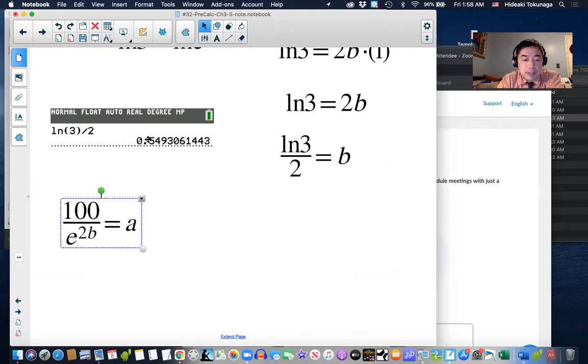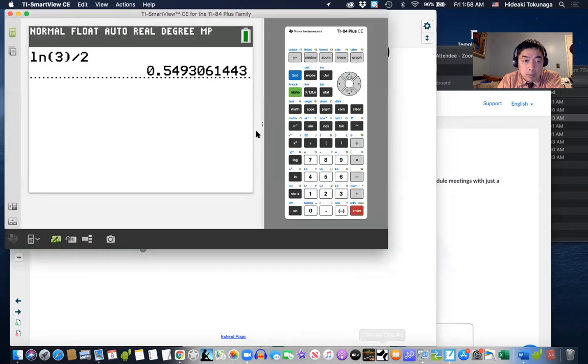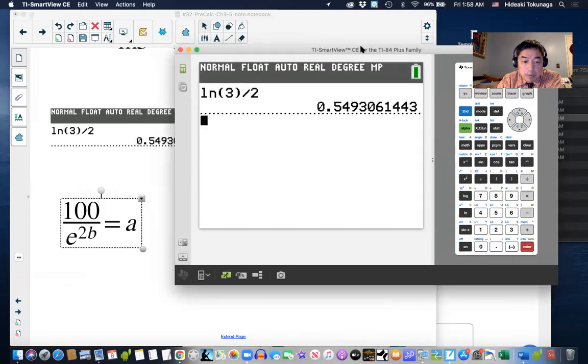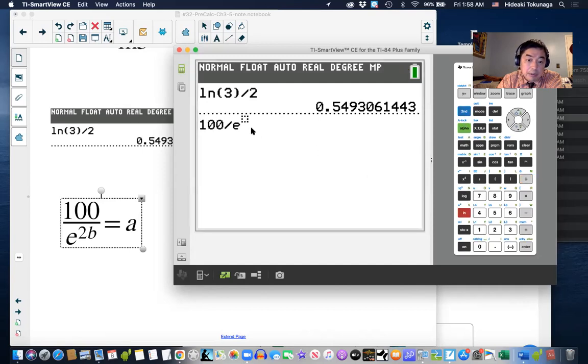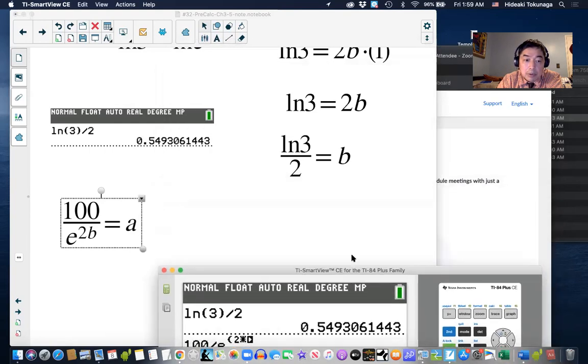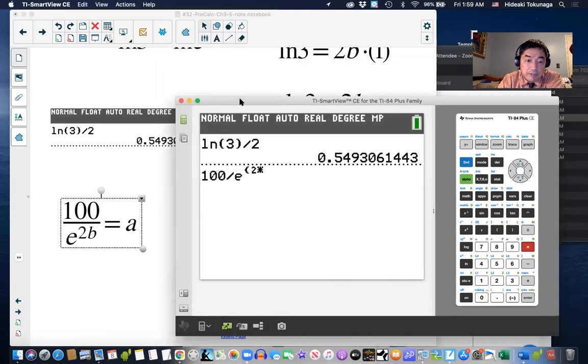So A equals 100 divided by E, the second natural log, with the exponent here. 2 times, I put the parenthesis in case it might mess up, 2 times this answer here, 0.54.